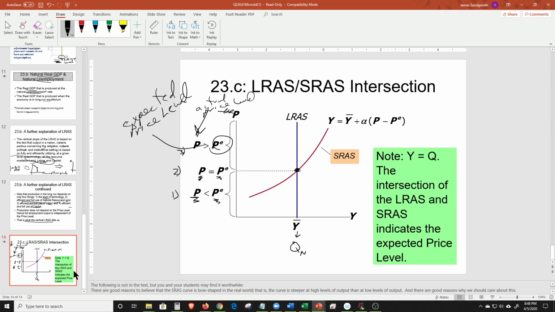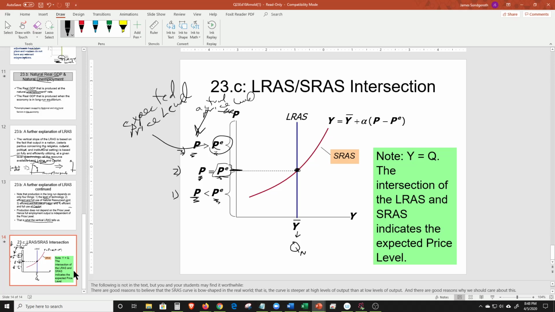And case number three is that the actual price level is greater than the expected price level. So basically, what's happening here is that people are expecting a given price level. Let's just say it's right here, okay? That is the expected price level.